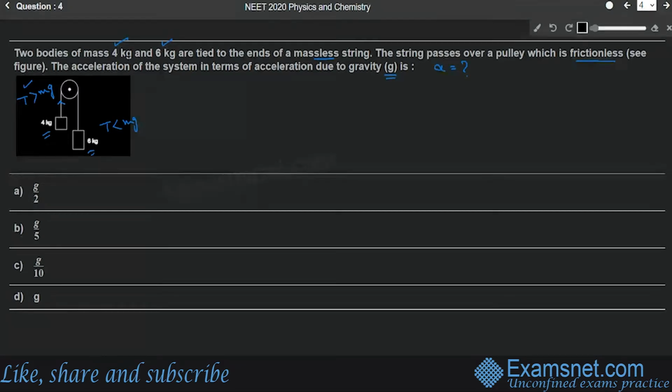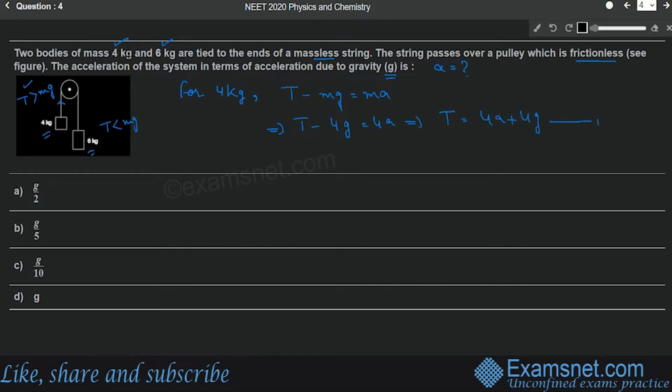Now we can write the force balancing equation for each one of them. So let's write for the first one. For 4 kg mass, tension minus mg will be equal to mass into acceleration. So on putting the values, we'll get T minus 4g equals 4a. So tension will be equal to 4a plus 4g.